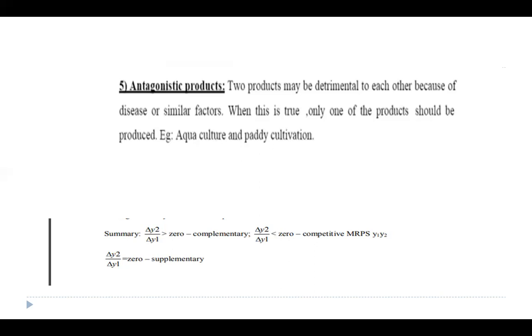So in case of complementary relationship, MRS is positive. MRS is negative in which relationship? Less than 0 in competitive relationship. And it is equal to 0 in which relationship? Supplementary relationship. So these three sentences you keep in your mind for objective questions.